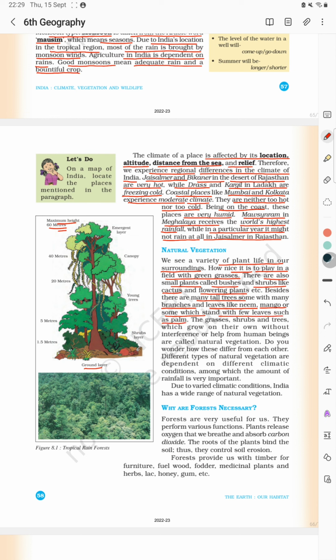as palm. The grasses, shrubs, and trees which grow on their own without interference or help from human beings are called natural vegetation.